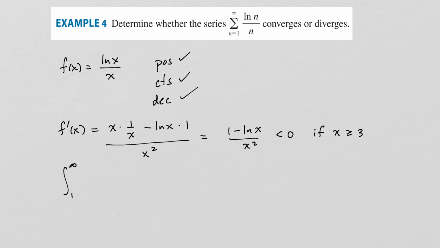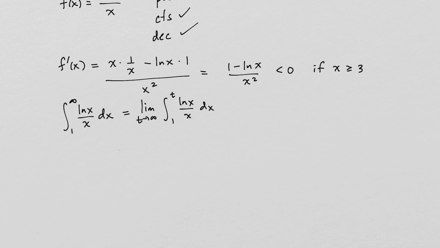So now we are just going to apply the integral test. Let's take the integral of the natural log of x divided by x. This is equal to the limit as t goes to infinity of the integral from 1 to t of natural log of x divided by x. Now, to evaluate the integral, we're going to use a u substitution.